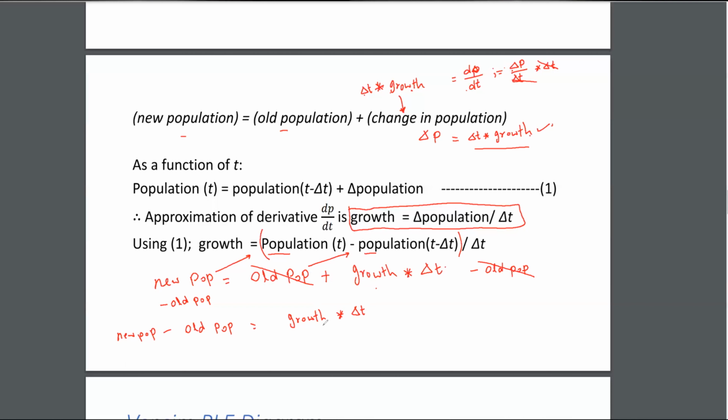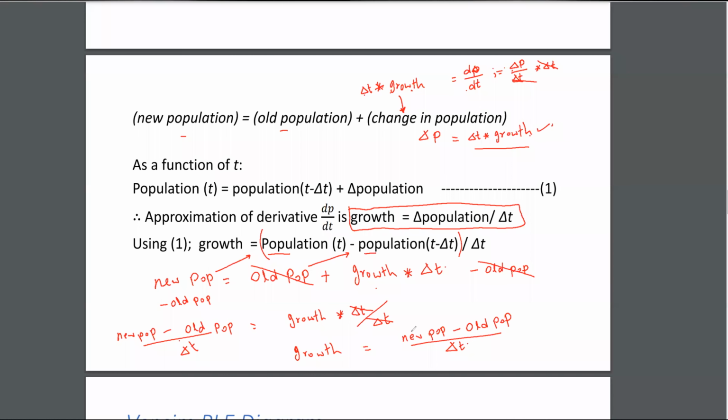Let me write it putting growth on this side. If I divide both sides by delta t, again here delta t, this delta t and delta t cancel out, and this remains. So this means the growth, again, you can write it in a different way, which is new population minus old population divided by delta t.